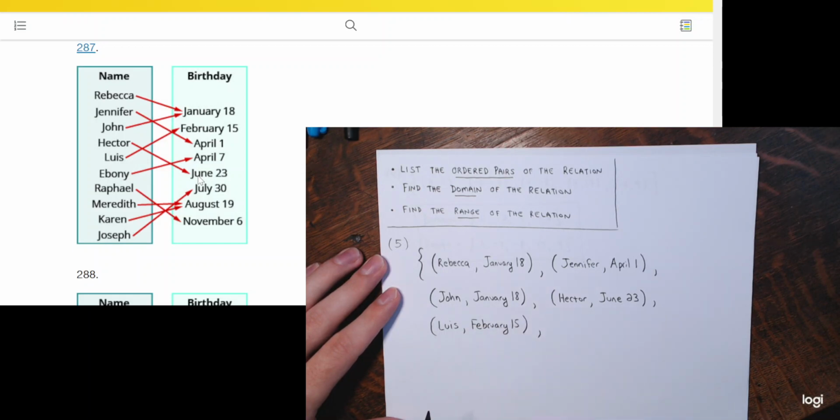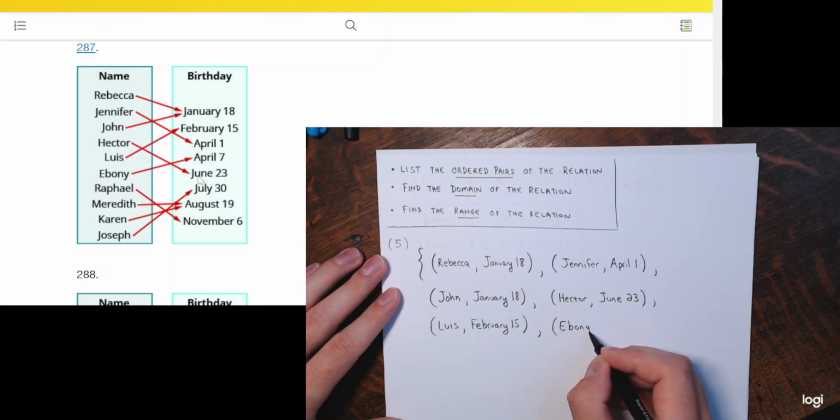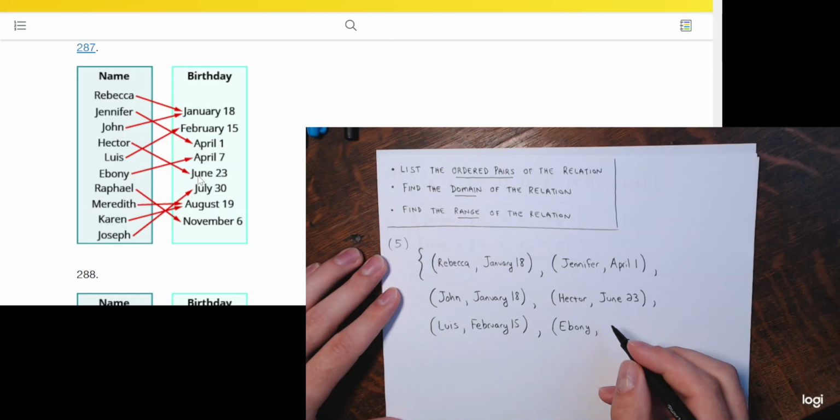Right, the next ordered pair, Ebony, has a birthday of April 7th. Again, hopefully you're looking at that arrow diagram and seeing the arrows that I'm seeing. Just working my way down. Right, so Ebony, comma, April 7th. Another comma to separate the ordered pairs. And then we have Raphael has the November 6th birthday.